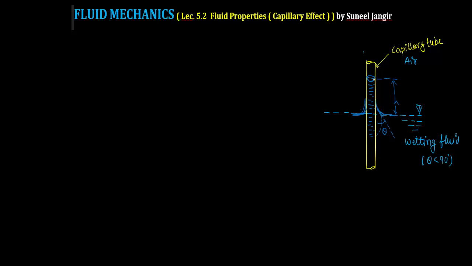You can also consider this surface. Again, I'm drawing it like that, and I'm taking the tangent of this meniscus. So again, this angle is theta, that is the tangent angle with the tube, and this is also theta. Let me draw this meniscus here; it will look like this.